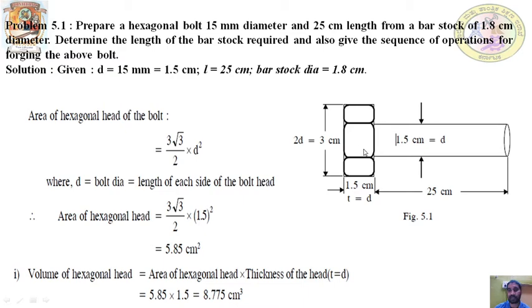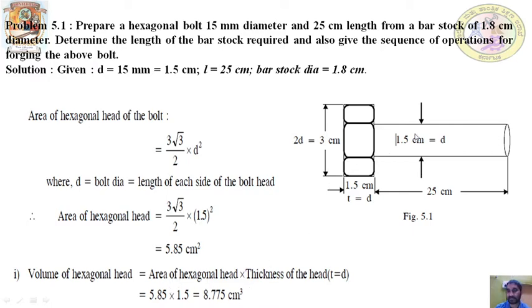Area multiplied by the length. The area is given by the standard formula 3 into root 3 divided by 2 into d square, where d is the diameter of the shank. If you substitute all the values, you get 5.85 centimeter square multiplied by its length, 1.5, which gives the volume of this component.